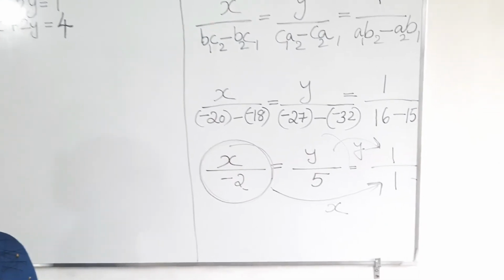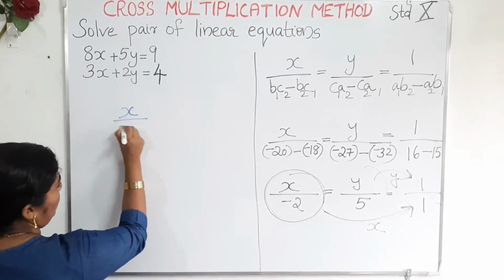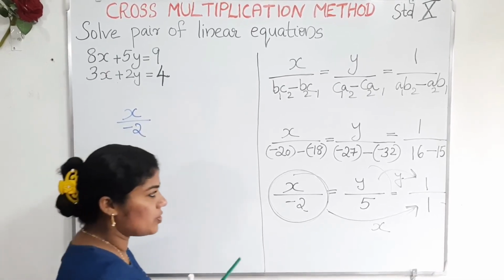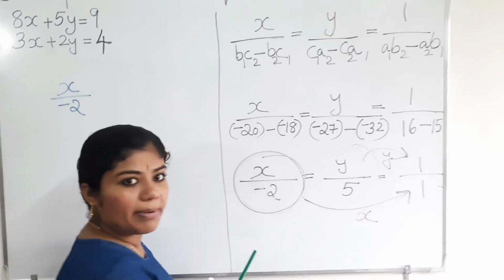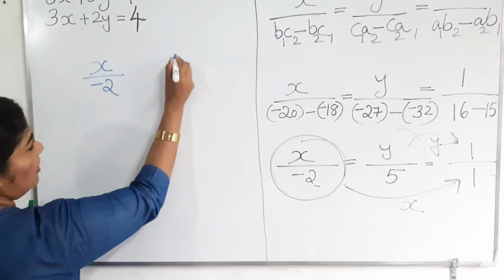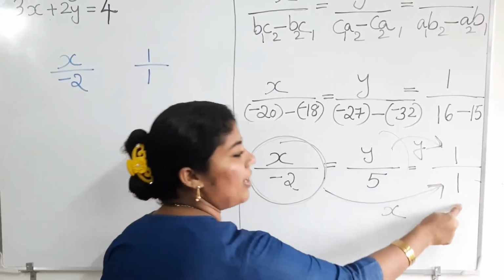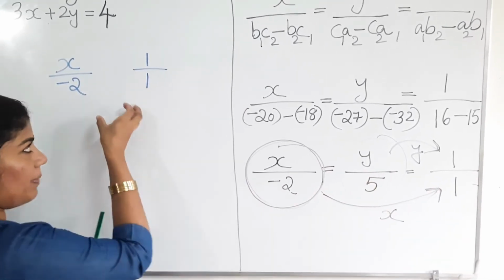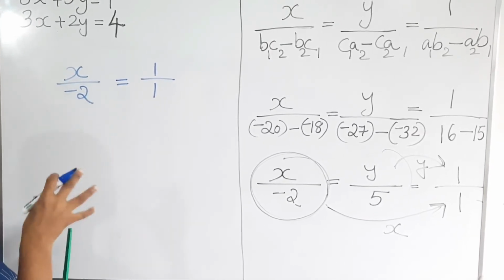Then you write what is x. X divided by minus 2, this first one we are comparing with the last one, 1 divided by 1. The first one and the last one I took and wrote separately. From this I am going to find x.